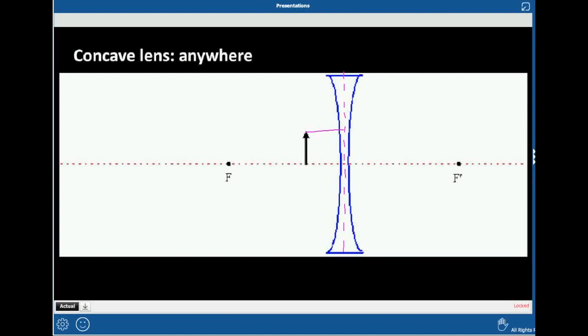Since we already did from here to here, remember how this one we did from here to there? So we should do from here to the focal point, which is more difficult to draw, of course. Oh, actually, I did pretty well with that. I'm impressed with myself. So that's that one.